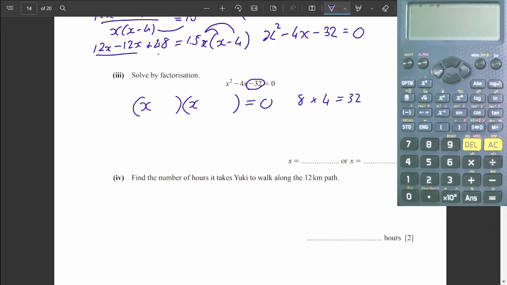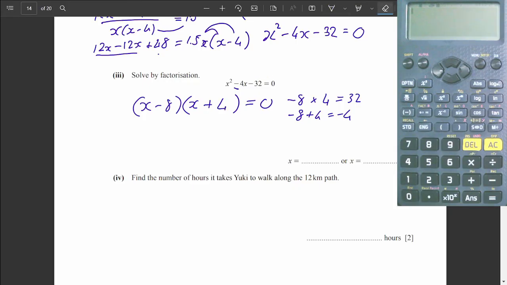One of them has to be negative, of course. And when we add them together, we need to get a negative number, so it's better to make the bigger number negative. Then minus 8 plus 4, we get minus 4, which is the middle term. So that looks good. x minus 8, x plus 4.